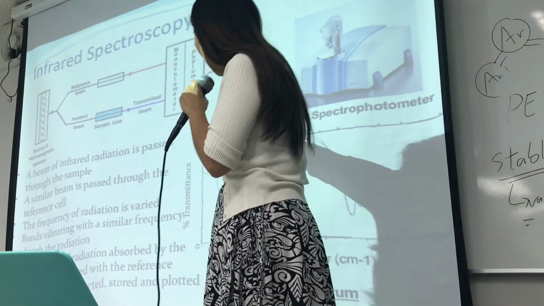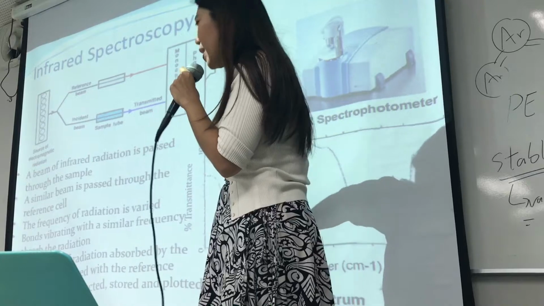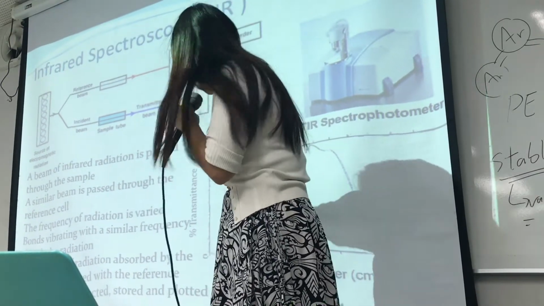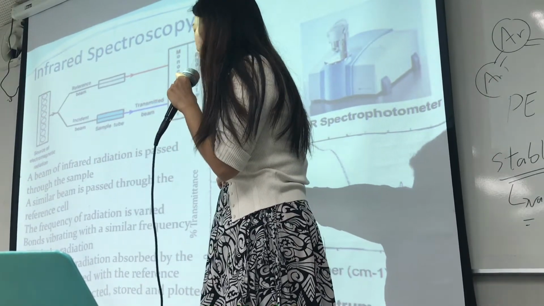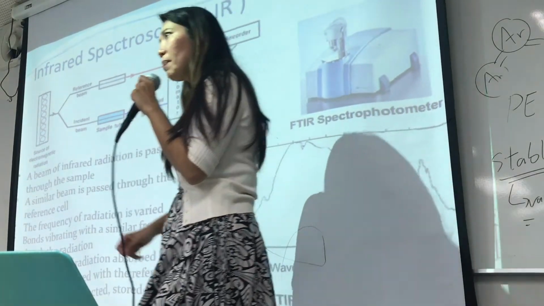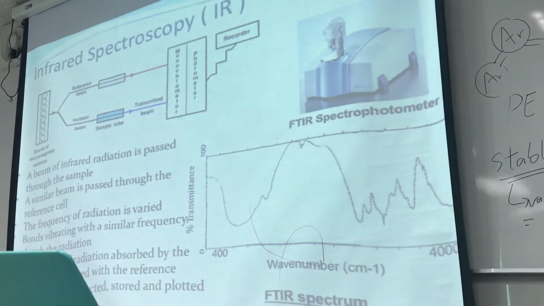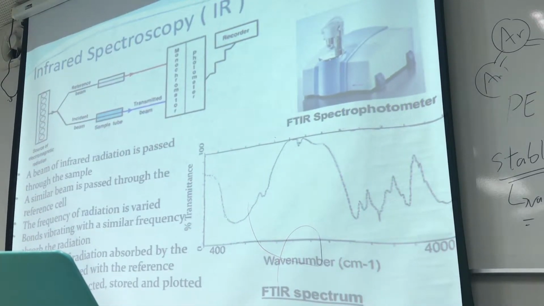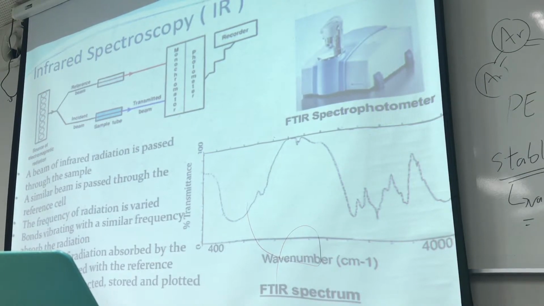First, when you shine the light at this frequency, there is a lot of transmission. Then at a certain frequency, right here, transmission decreases. What does it mean? There is a lot of absorption. When there is absorption, that means the bond is being rotated or stretched.